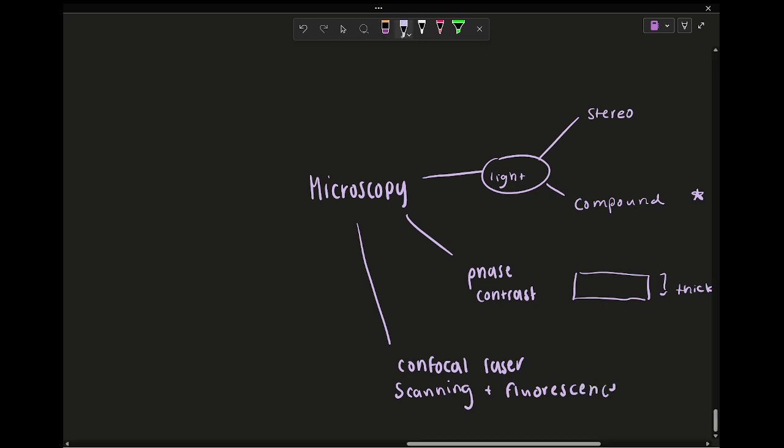It has very thin slices, so the sample is left intact, and it's often used for chromosomes. Some of the pros are that you can observe specific parts through fluorescence tagging, but some of the cons are that it can cause artifacts. And of course, it can be used without fluorescence as well.